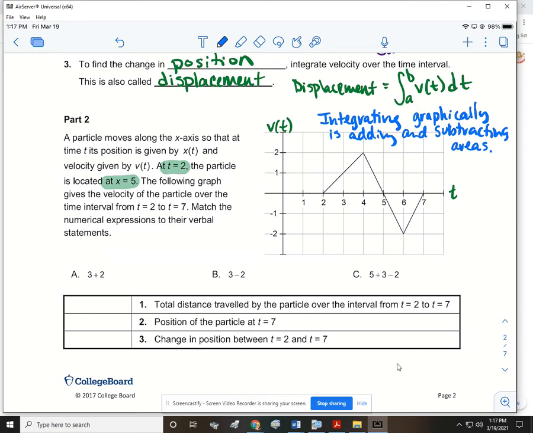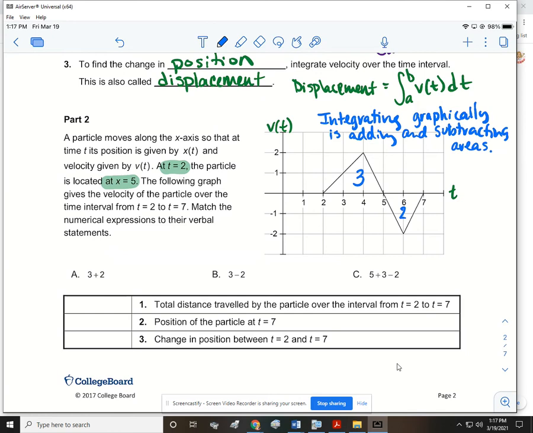All right, so let's just go ahead and find the areas of those 2 rectangles. So we have a base of 3 and a height of 2, so 1/2 base times height is 3. Base of 2, height of 2, 1/2 base times height is 2. Now, if we were just straight up integrating, we would subtract if it's below the x-axis, add if it's above the x-axis.